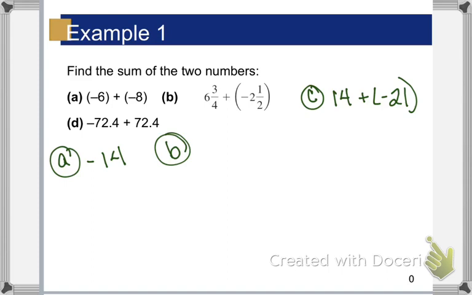Okay? So we take our 4 and we multiply that times our 6. Then, once I get that, then I add 3. So 4 times 6 is 24, plus 3 is 27.